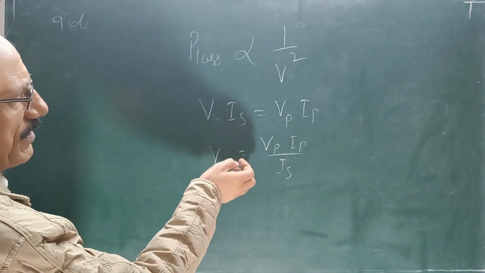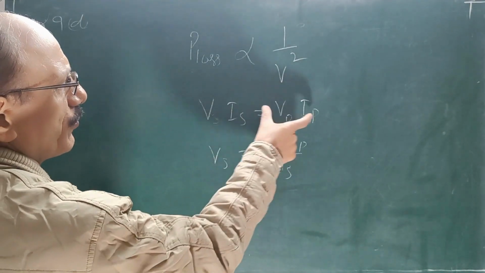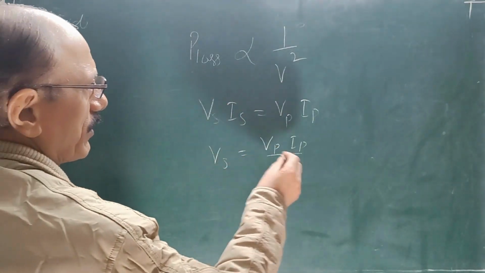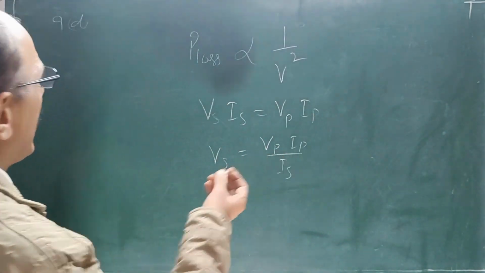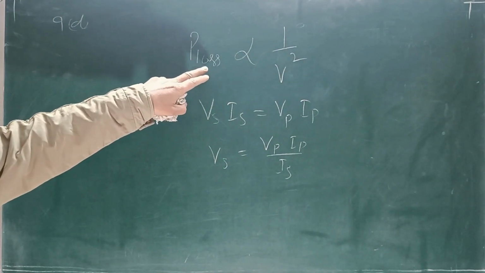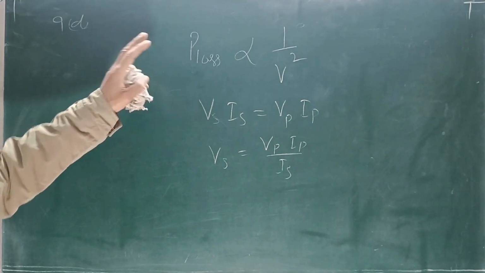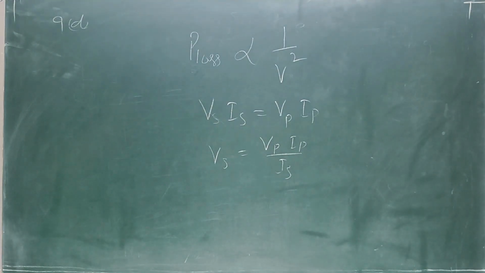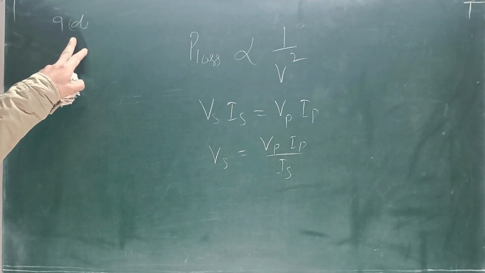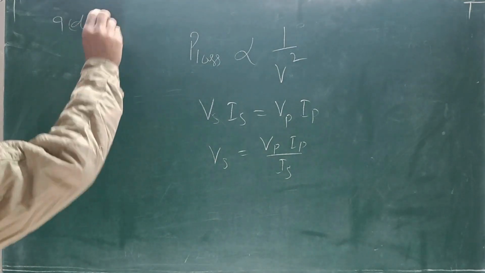When voltage is increased, to keep this factor the same, Is has to be reduced. So current is reduced and power loss is cut down. A, reduction of the current, is correct, as well as C, power loss is cut down. So option D, A and C both, is correct.